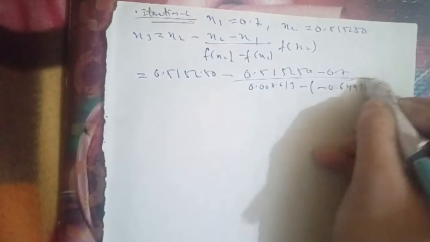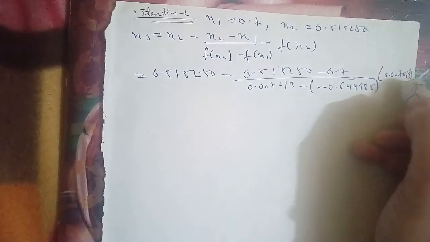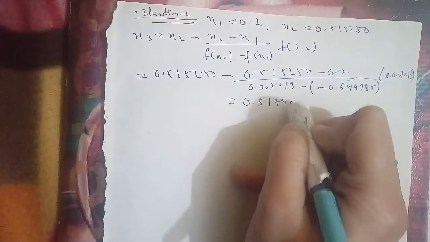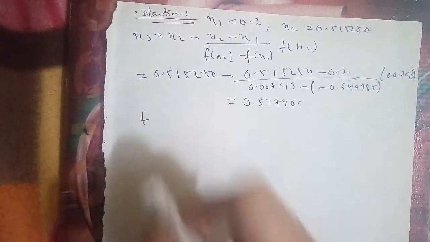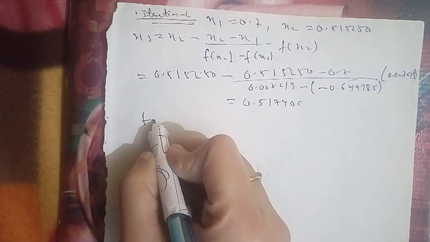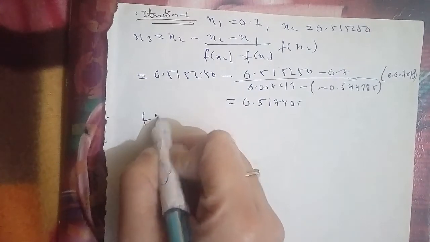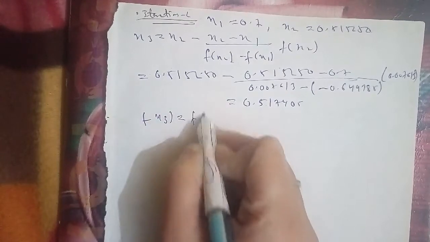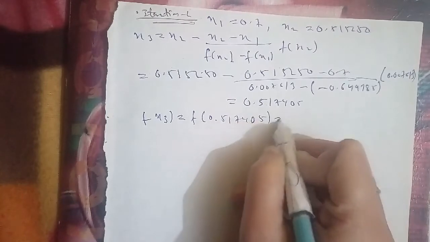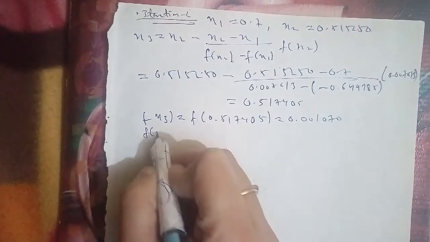In the same case we go ahead: f(x3) equals f(0.517405) equals 0.001070, f(x2) equals f(0.515250) equals 0.007613, and f(x1) equals f(0.7), minus 0.644785.